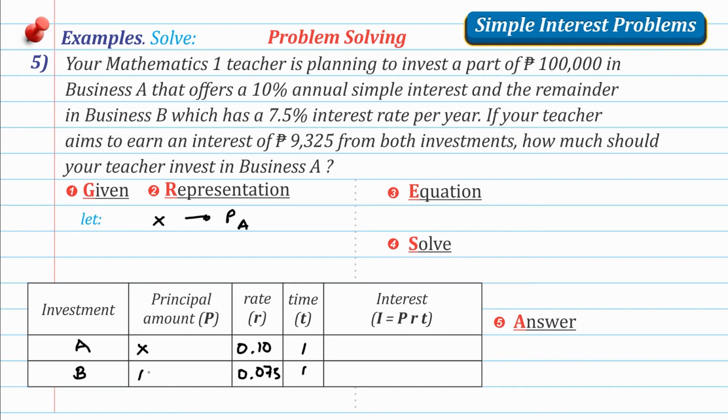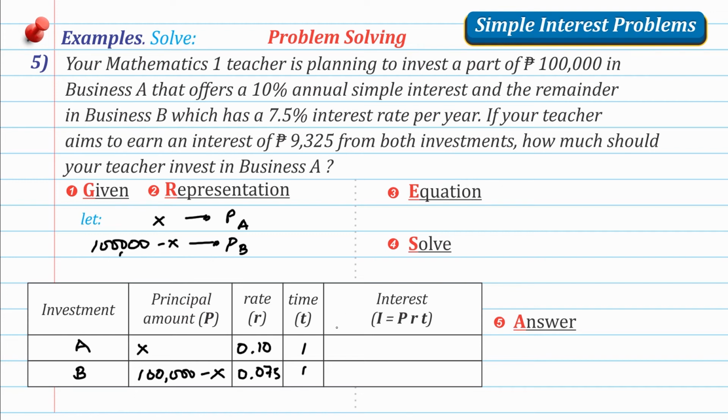So, we have 100,000 yung total nila. Ima-minus mo yung napunta sa A, o edi makukuha mo yung natira, remaining para sa B, is 100,000 minus X. That would be the principal for Business B. So, principal for Business B, yung natira galing sa 100,000 pesos, it's 100,000 minus X. So, the first three columns done.